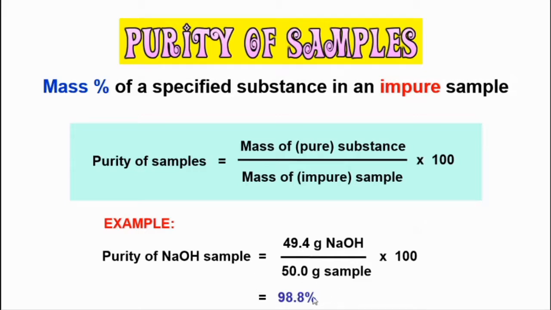What does this 98.8% actually mean? How to read this percentage? 98.8% here means the sample contains 98.8% of pure sodium hydroxide, while the remaining 1.2% is the percentage of what?